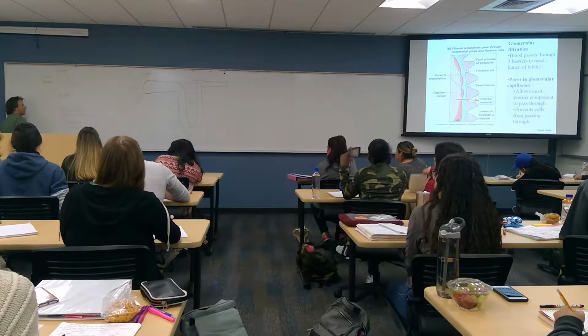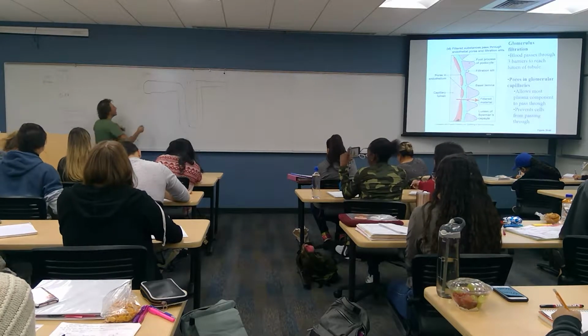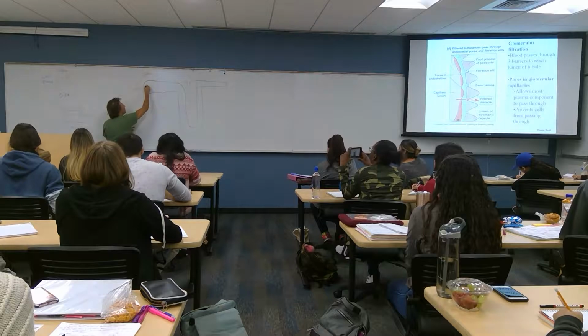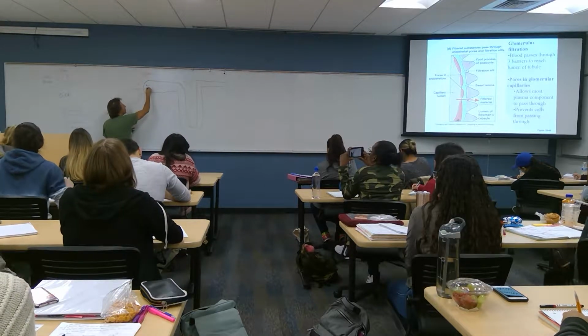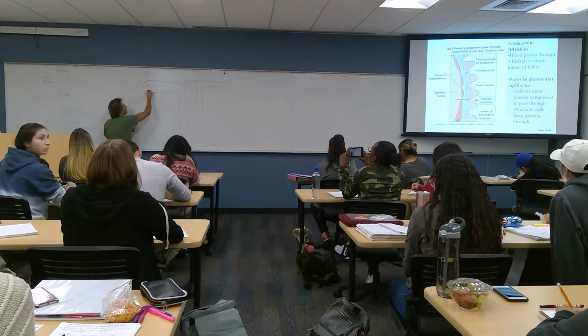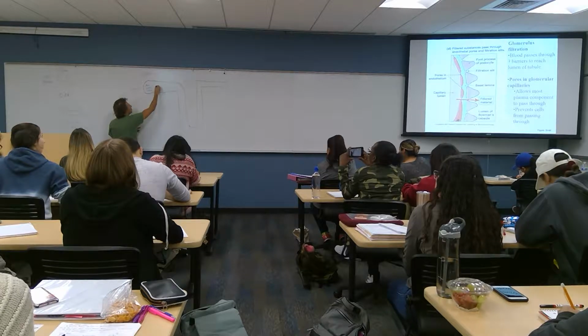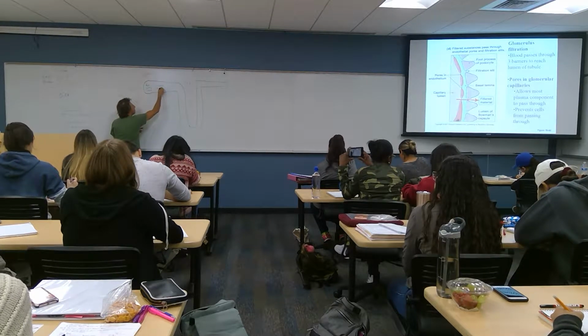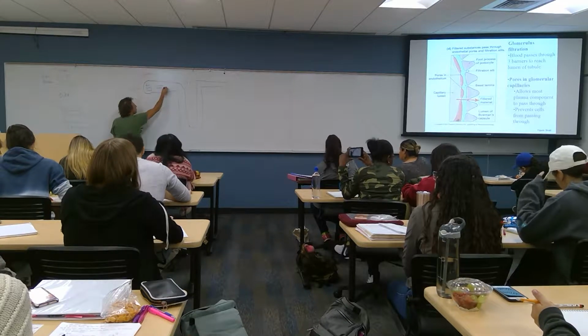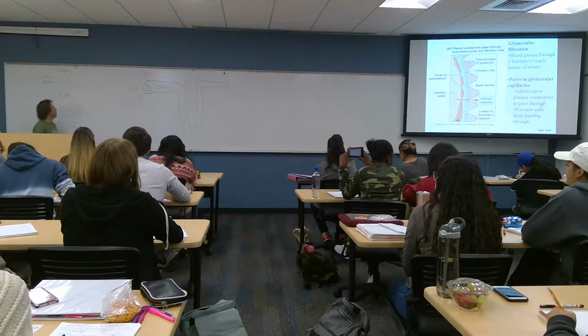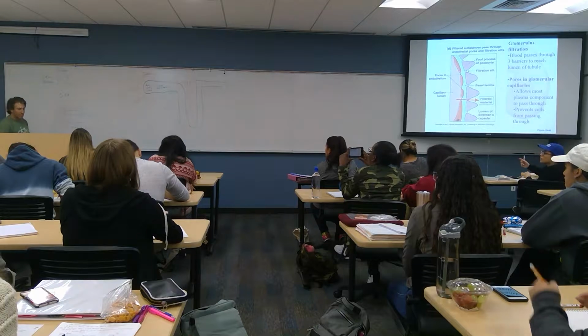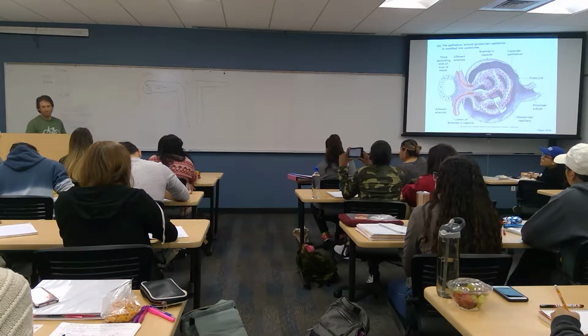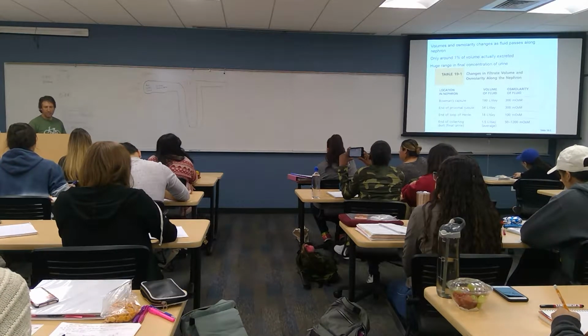Basically, what gets in is pretty much everything else. So water gets in, the salts, urea, things like glucose, amino acids could freely filter in. And we'll come back to the proximal tubule in a minute. So size and charge.